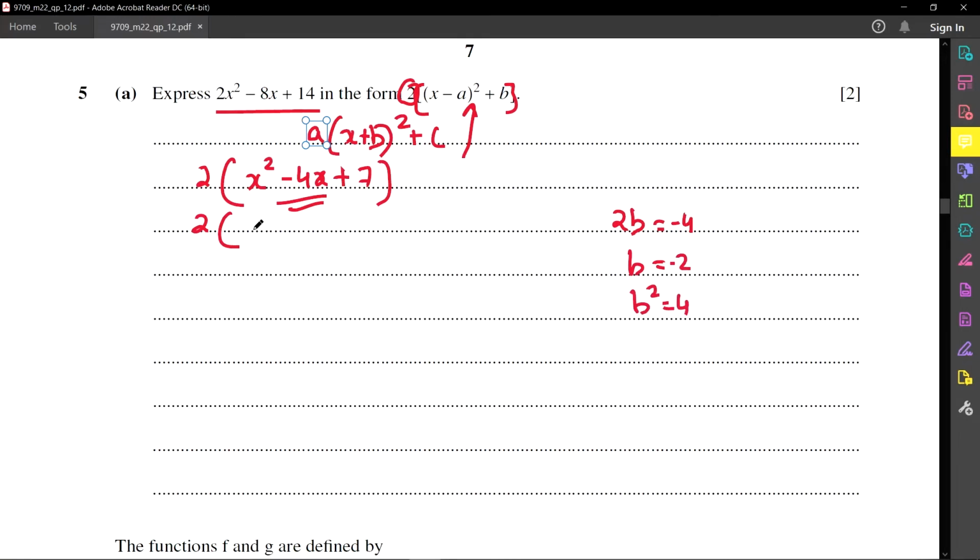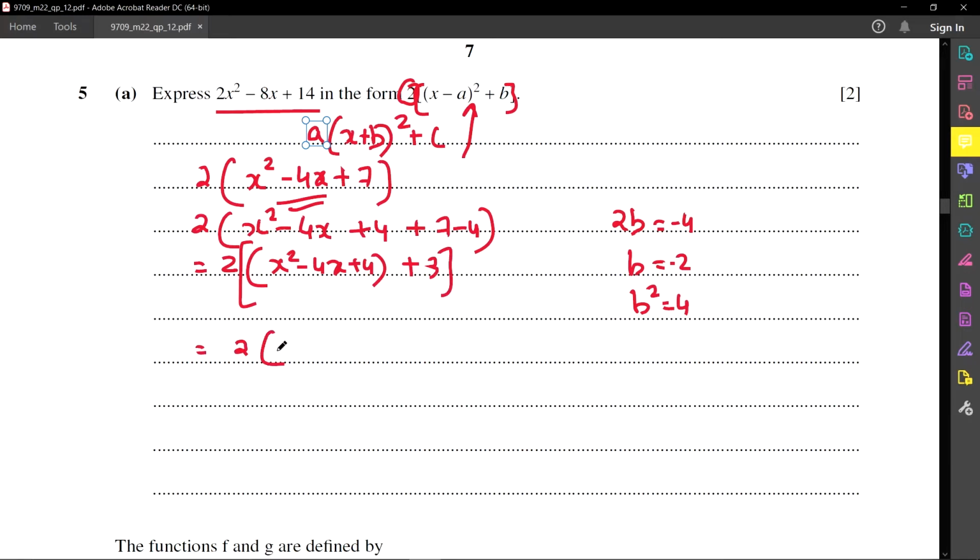So what you do is x squared minus 4x, give some space, add the b squared term plus 4, subtract the b squared term. So you get 2 times x squared minus 4x plus 4, 7 minus 4 is 3. That will give you finally 2 into x minus 2 whole square plus 3. That's the exact form that has been asked.